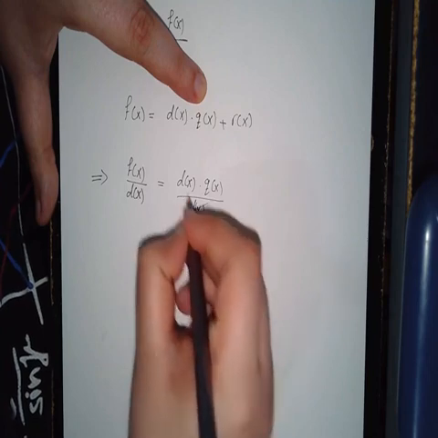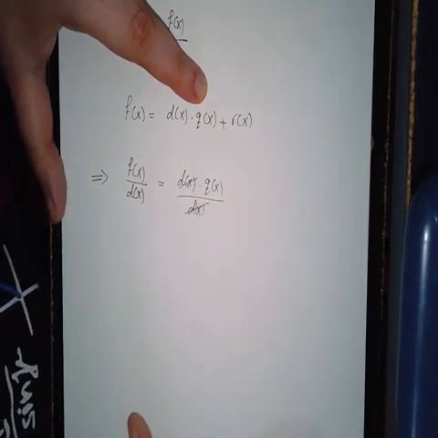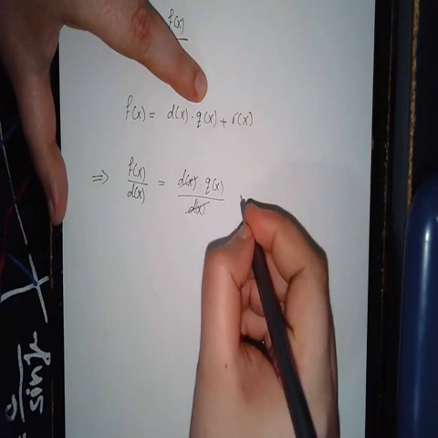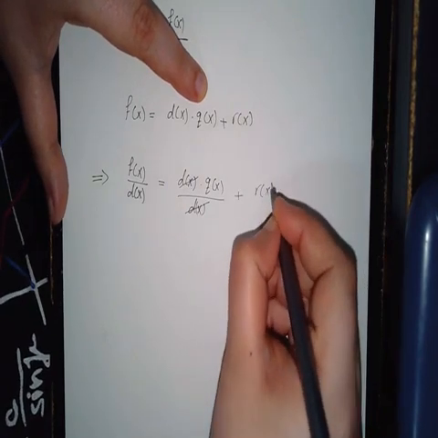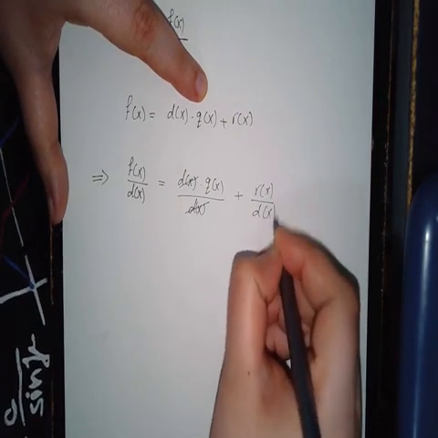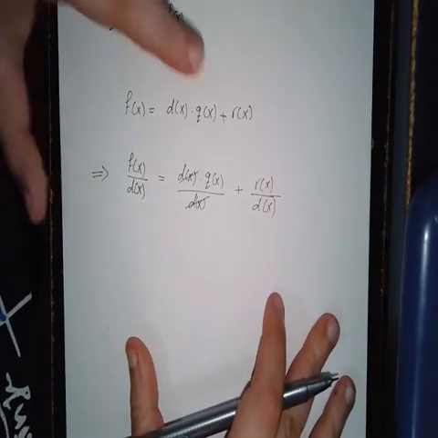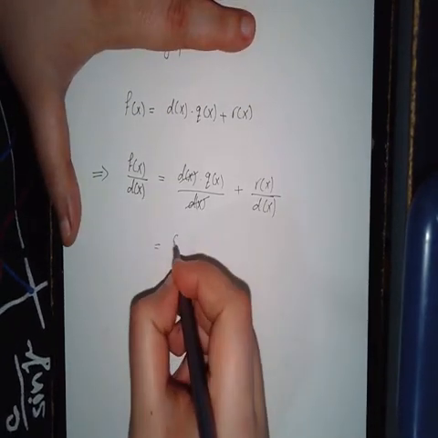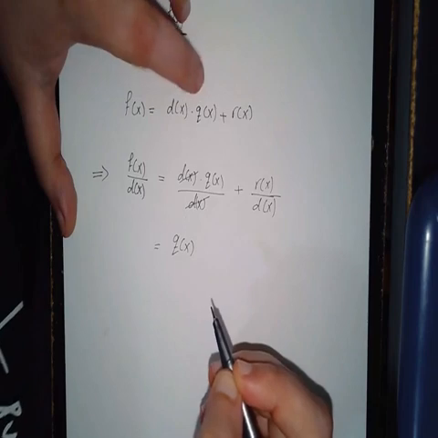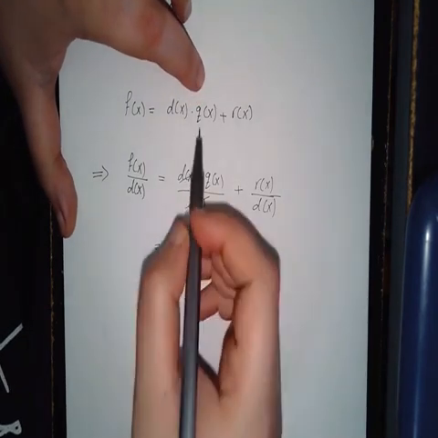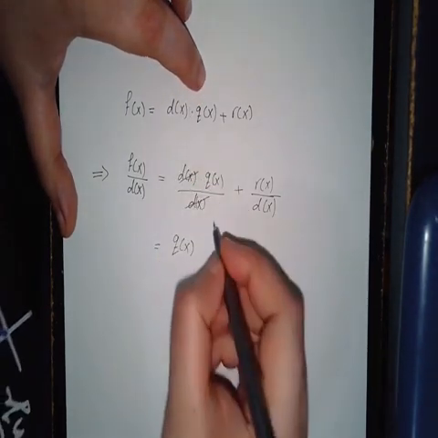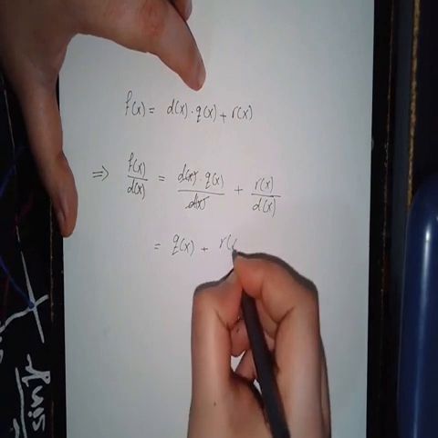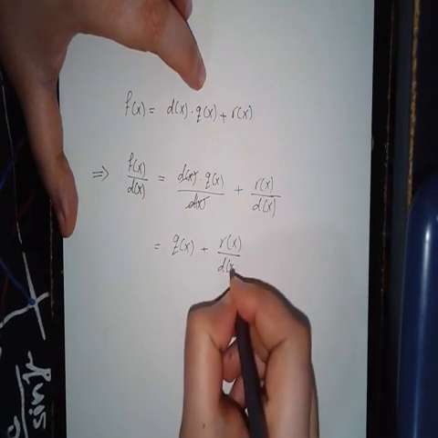Where this d of x and that d of x cancel. So really the result is just q of x plus r of x, also divided by d of x, right? So the final solution ends up being q of x, which is what's left of that multiplication after you've canceled out the d of x, and r of x over d of x.